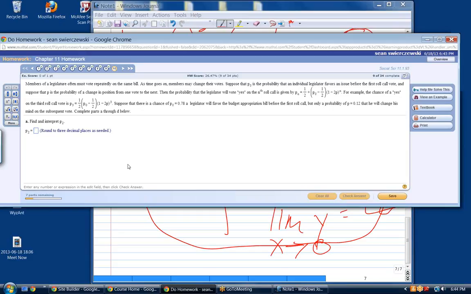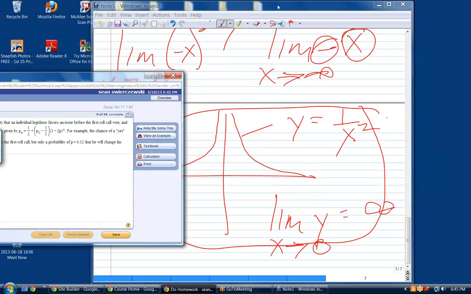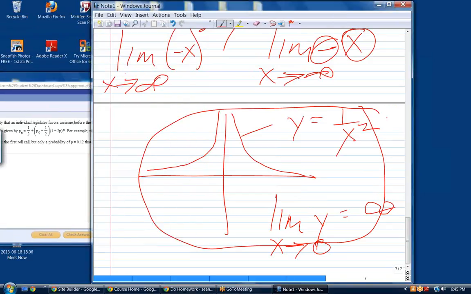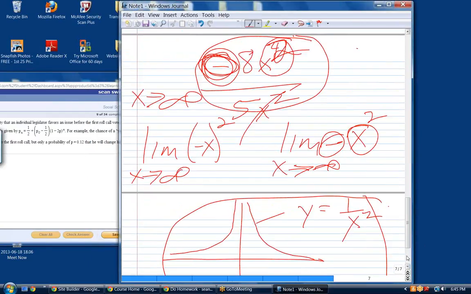I'm not even sure how to go about this one. Well, here's the equation. Let's write this equation. Let me move this to the left. Can you still see that equation? P of n? Let me not cover it up. There. Now you can see it.